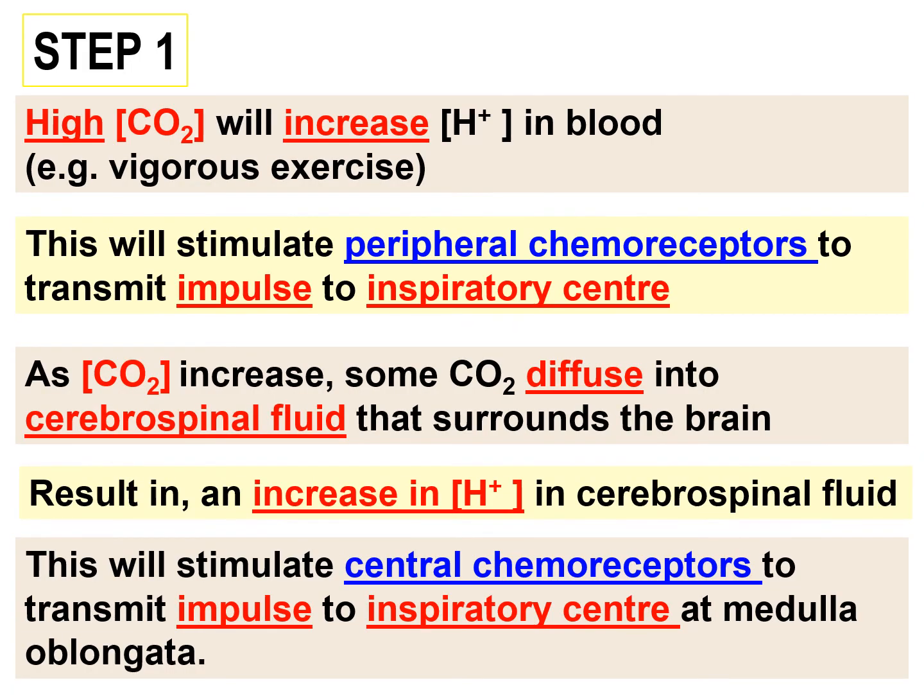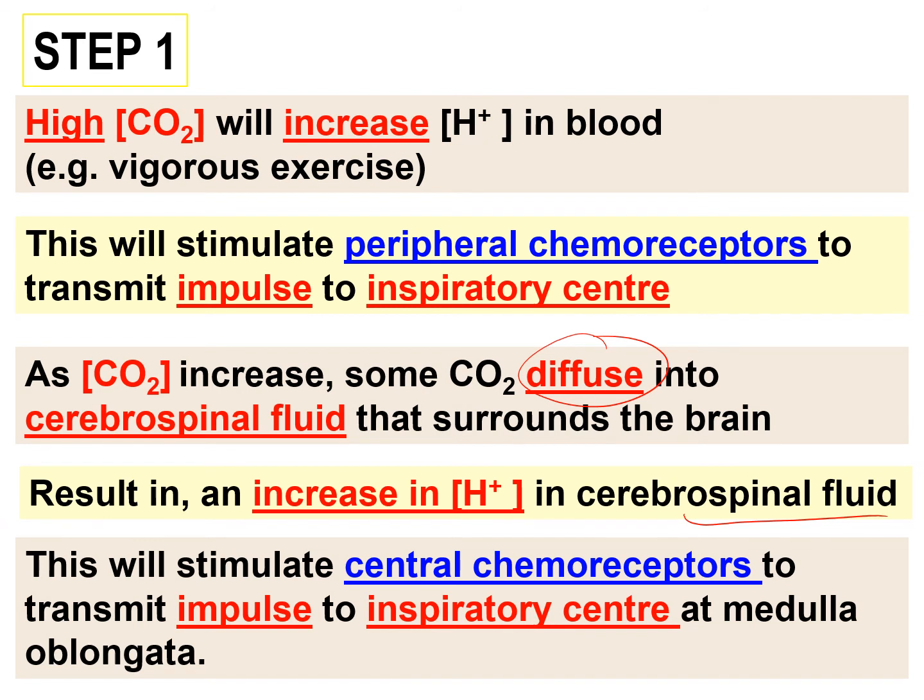The high carbon dioxide concentration increases hydrogen ions in blood during vigorous exercise. So this will stimulate peripheral chemoreceptors to transmit impulse to inspiratory center. As carbon dioxide concentration increases, some carbon dioxide will diffuse into cerebrospinal fluid that surrounds the brain, which will cause increase in hydrogen ion concentration in the cerebrospinal fluid.